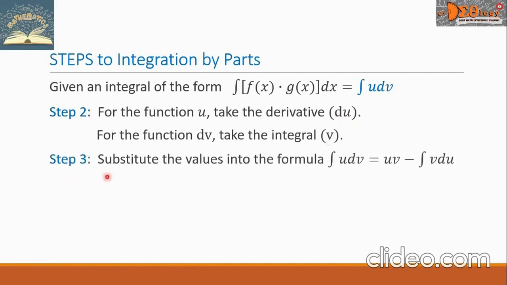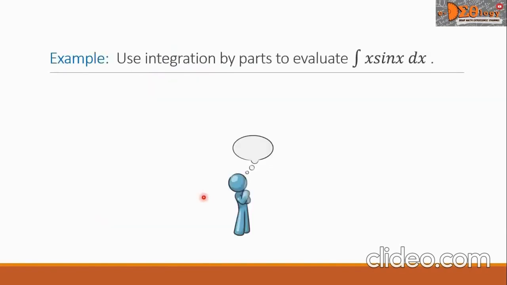Step 3. Substitute the values into the integration by parts formula. That is the integral of u dv equals uv minus the integral of v du. Then step 4. Evaluate the integral.